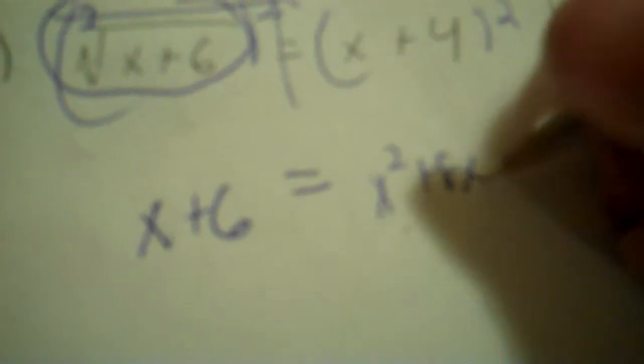X times x, x times 4, 4 times x, 4 times 4. So x second, 4x, 4x. Guys, these don't cancel out. They add up to 8x. And then 16. So then you have x to the second plus 8x plus 16. Now there are 2 answers.